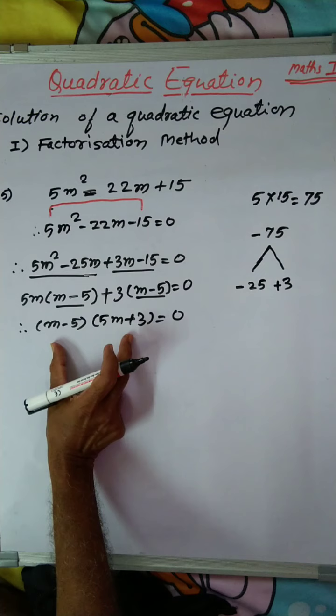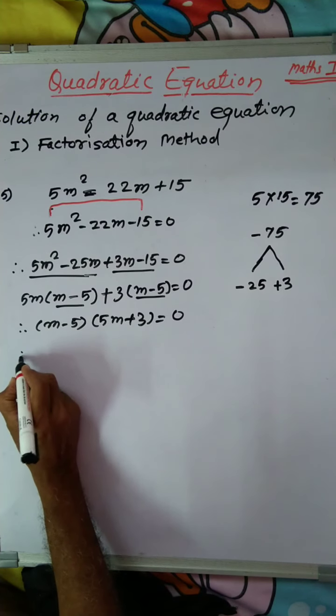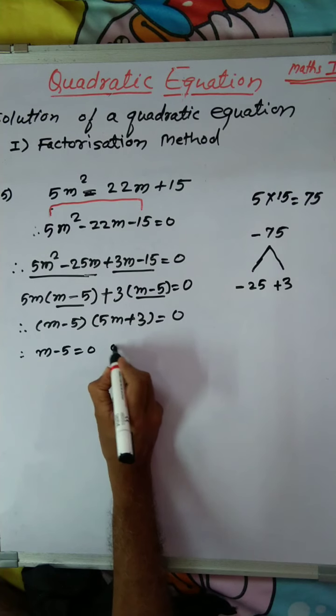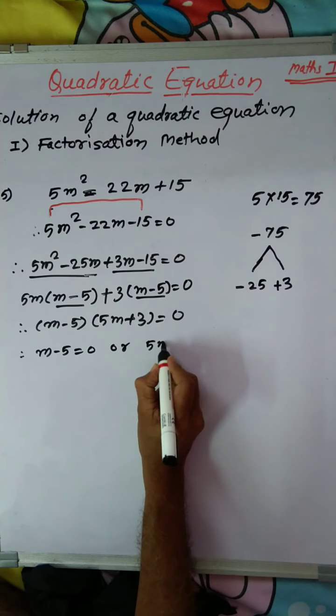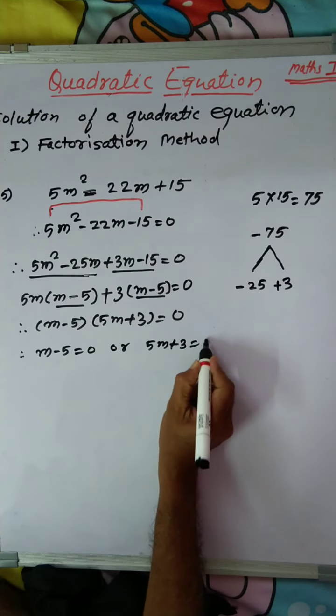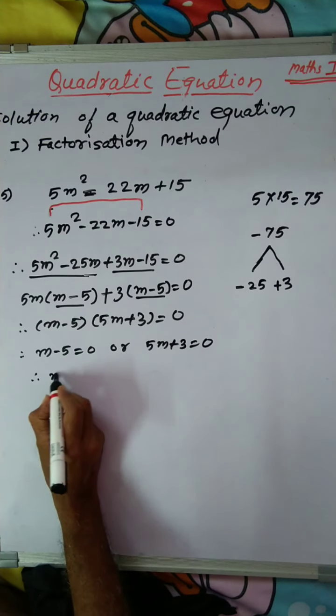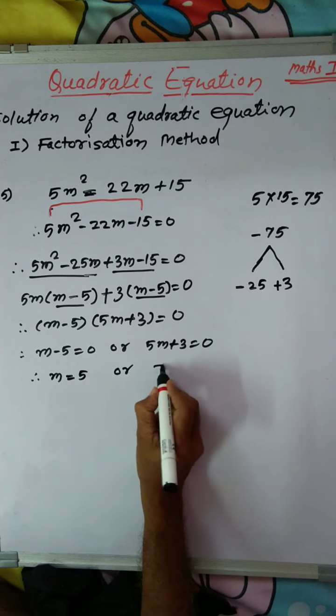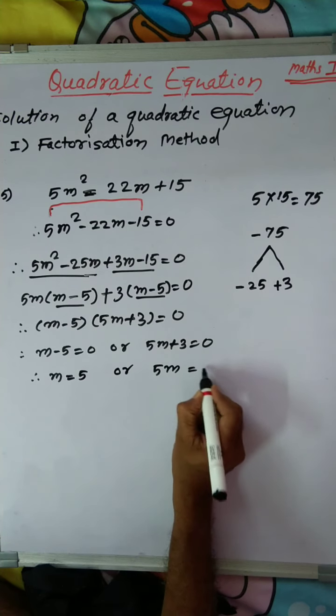Now the product of these two terms is 0. Therefore m minus 5 is equal to 0 or 5m plus 3 is equal to 0. Therefore m is equal to 5 or 5m is equal to minus 3.